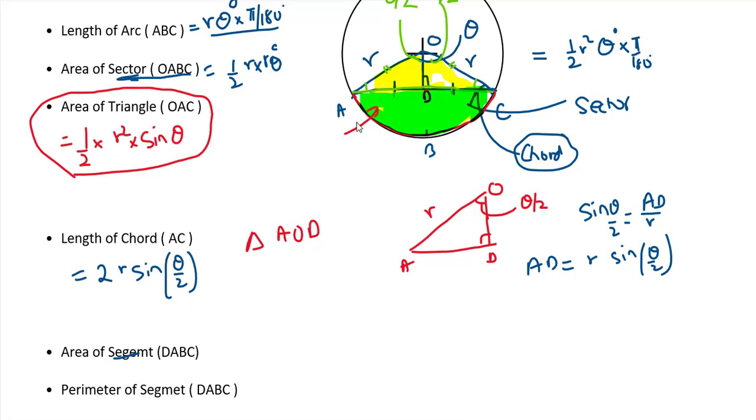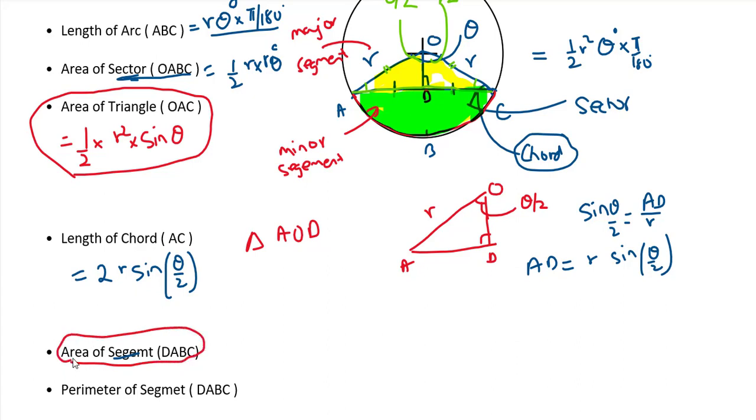This is the minor segment, and this upper portion will be the major segment. What we have been asked to find is the area of the segment DABC. So what will be the area?